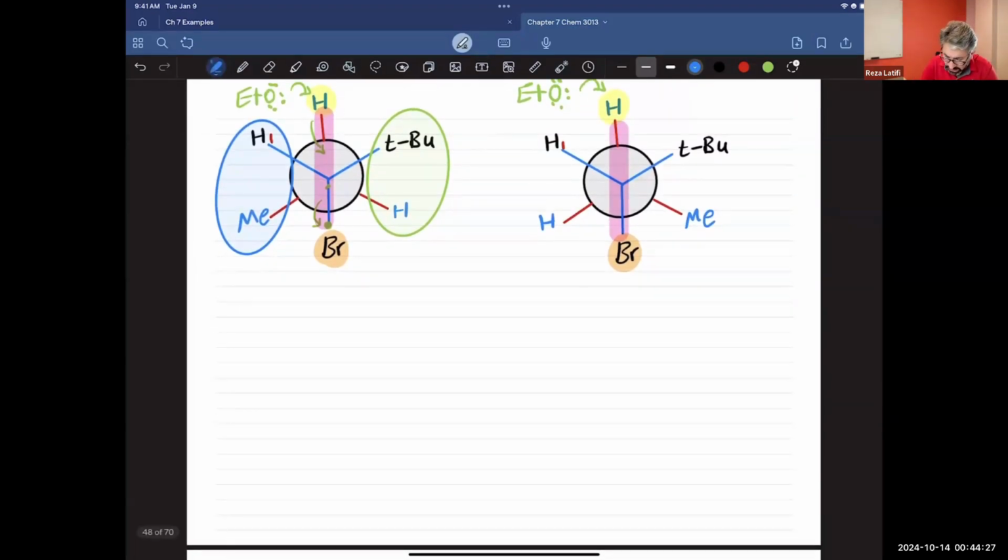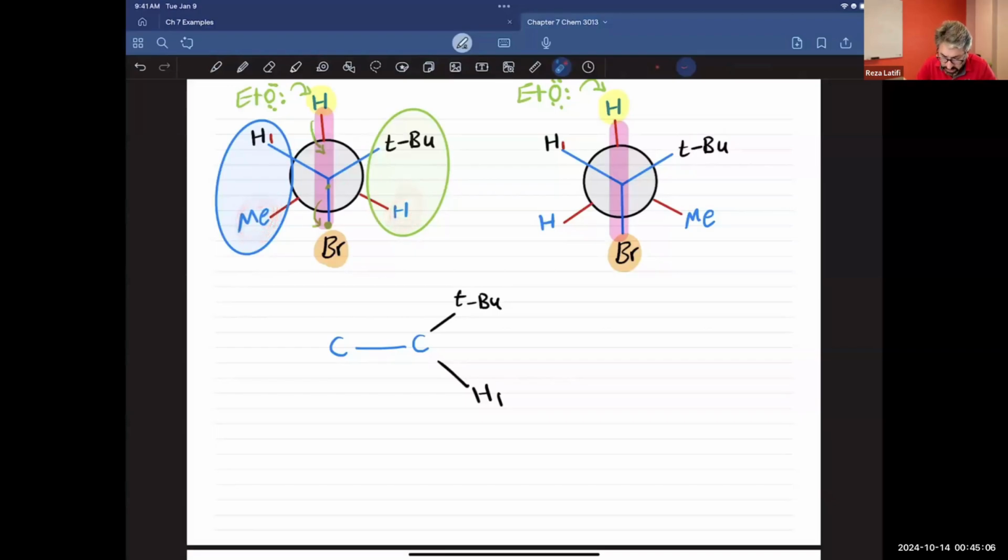So I have carbon number 1, which has tertiary butyl attached to it, and hydrogen number 1 also attached to it. And the carbon that is in the back, which we also wrote with blue color, has methyl and hydrogen, this hydrogen and the methyl.